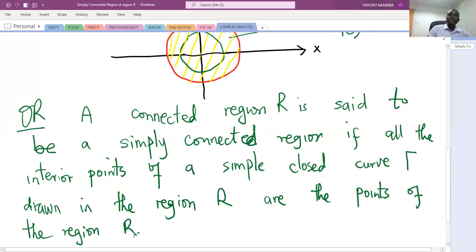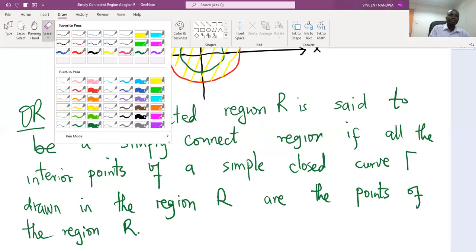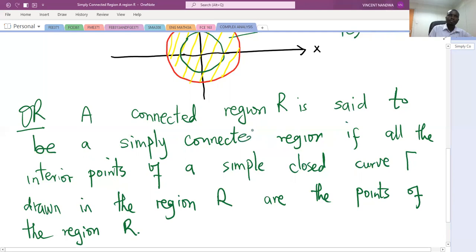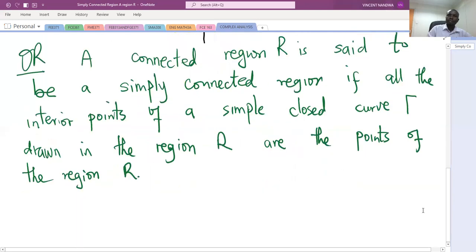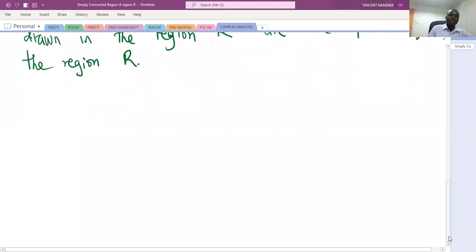So with respect to this other way of defining a simply connected region, let's also draw sketches to represent simply connected region. So you can have this.